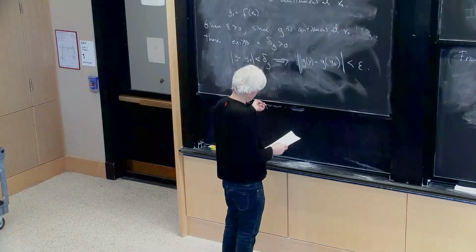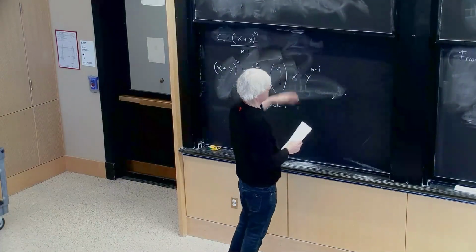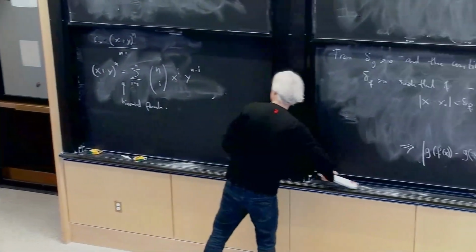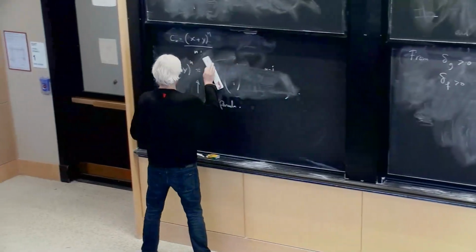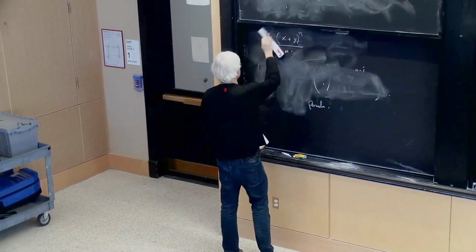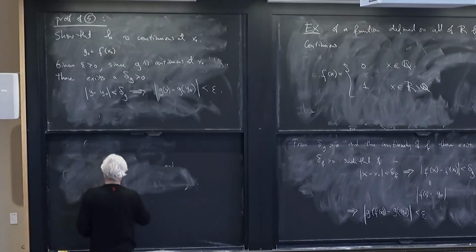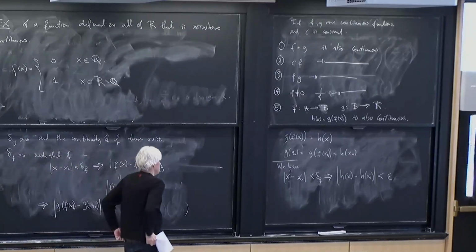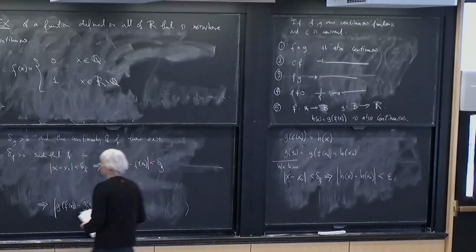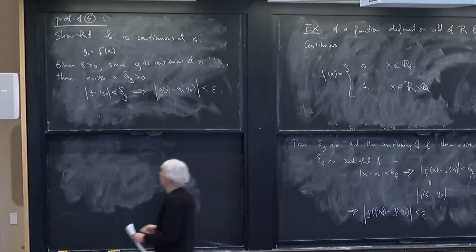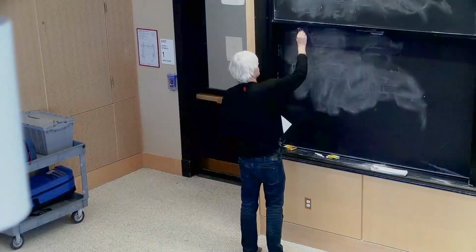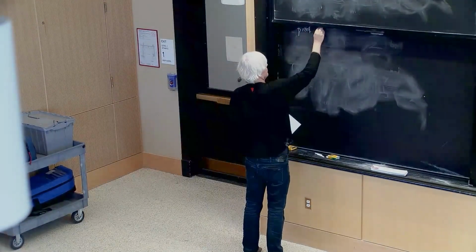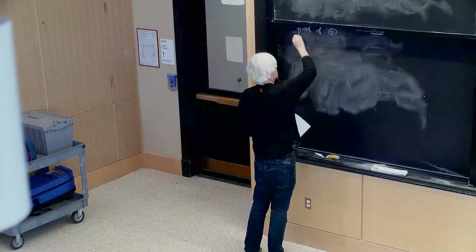Okay, so now let me just say a few words about the other one, number 4. Number 4 is closer to things we had for sequences. So we now prove 4.